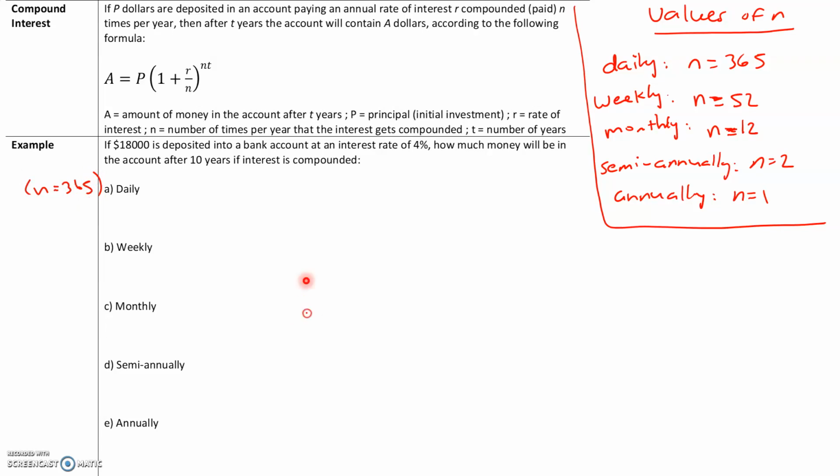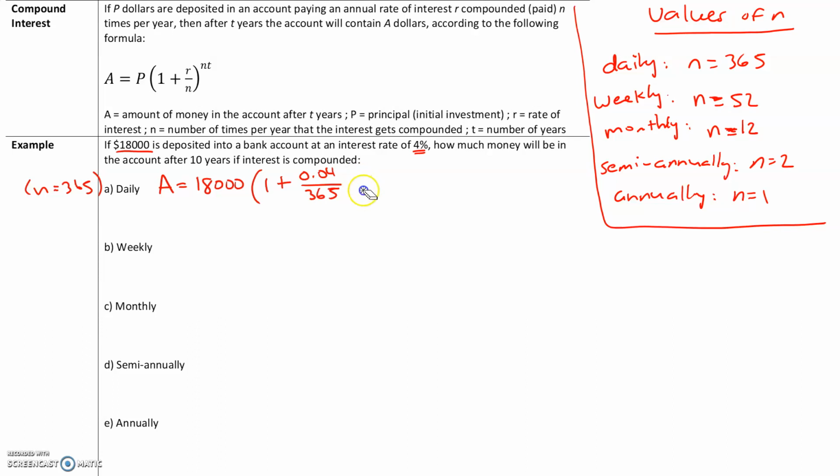So the amount in the account is the principal amount, which is 18,000, that's how much money is initially deposited, times 1 plus R. Now an interest rate of 4% is 0.04. So 1 plus 0.04 divided by 365, because interest gets compounded 365 times a year, and then that's raised to the power of n times t.